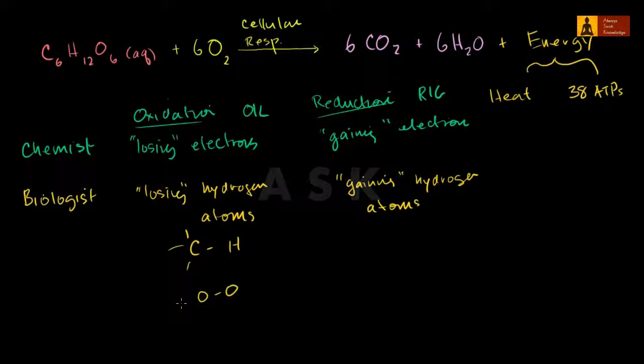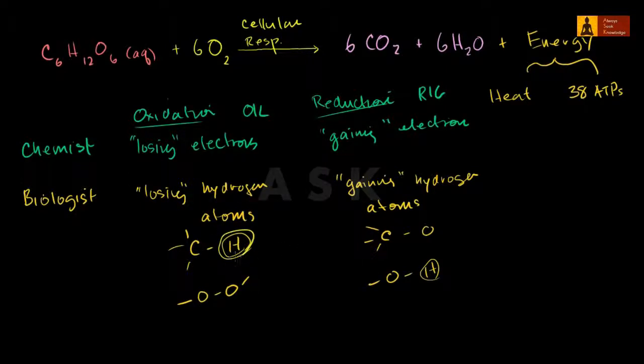I'm doing a very hand-wavy explanation here, and maybe that oxygen is bonded to something else. If this is what I start off with, and then on the other side of this equation I end up with something that looks like this, where the carbon is bonded to an oxygen, and maybe that other oxygen is bonded to this hydrogen, the biologist will say, oh, this carbon has been oxidized because it lost its hydrogen, right?